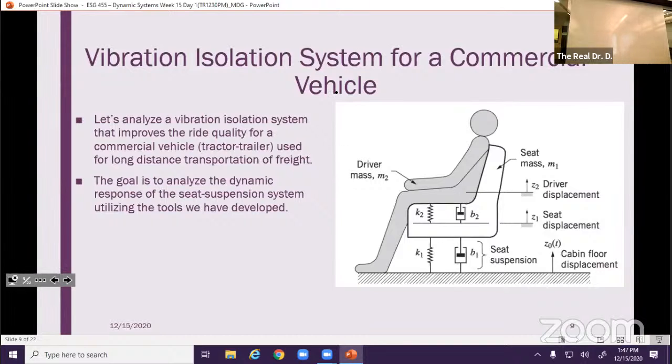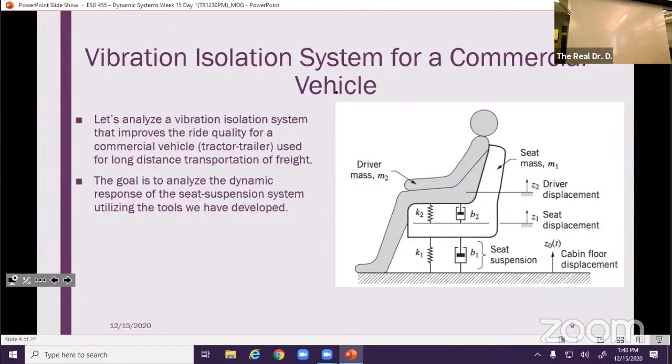All right, so what's going on here? We've got the seat. And guess what? The seat is connected to the floor of the cab via vibration isolation mounts. So it's got this spring damper connecting it to the floor. Then the seat itself, because of the cushion and the way that it's designed, has a spring damper-like quality to it as well.